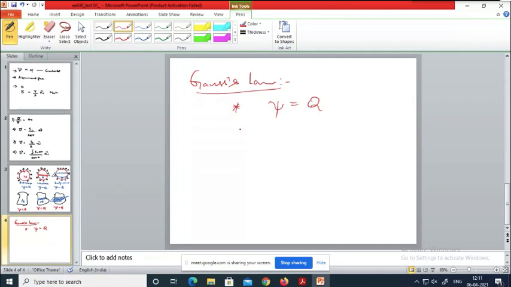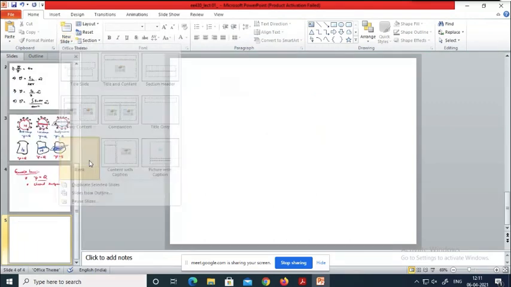So the body can be anything. It has to be a closed surface. That's all. The electric flux radiating through the closed surface will be equal to the total charge enclosed by that surface. So how to mathematically represent that is the next question. Okay, just follow me here.